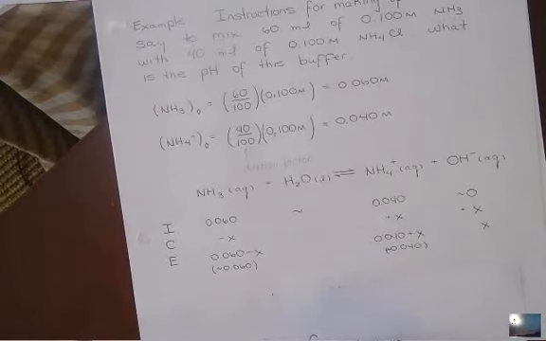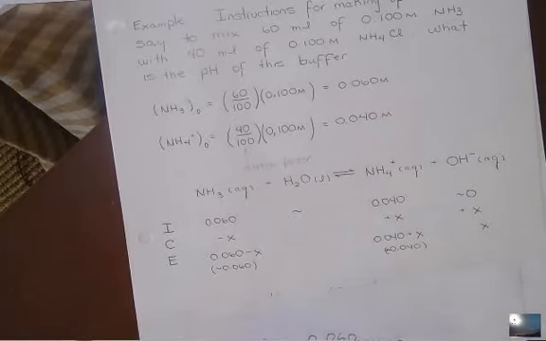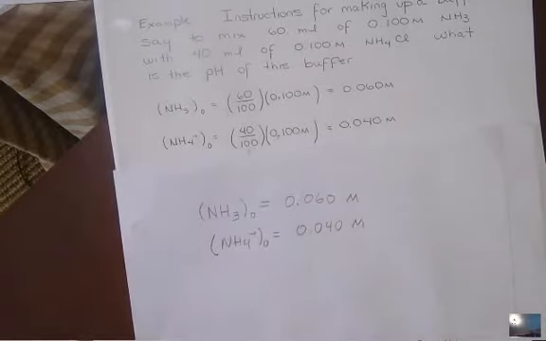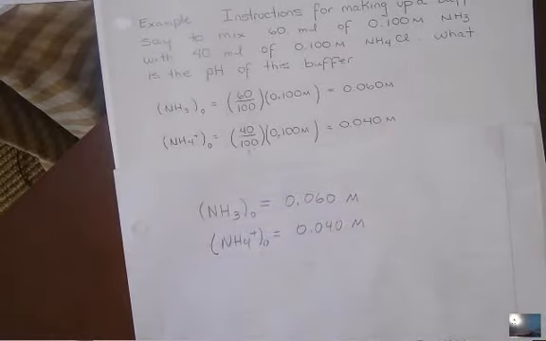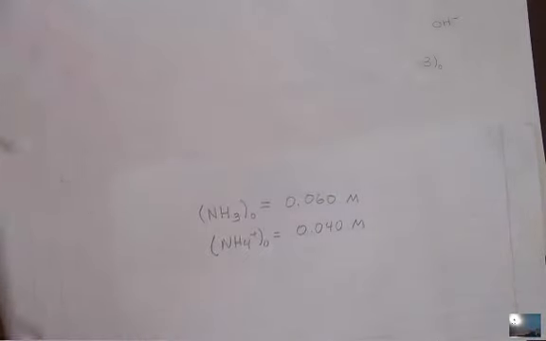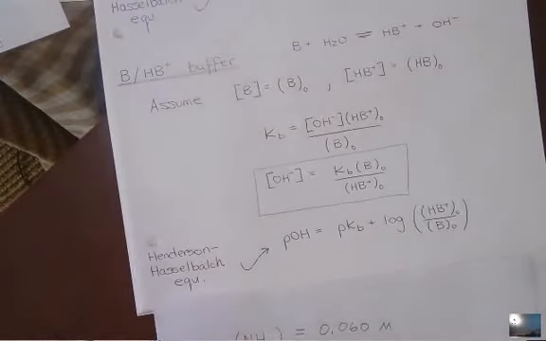Okay, so this guy was 0.06, and this guy, his conjugate, ammonium, was 0.04. Okay, I'm going to put the M here for molarity, but I don't have to because whenever I put brackets or I do something like this, we're always talking about concentration. Okay? All right, so let's try it the Henderson-Hasselbalch way.